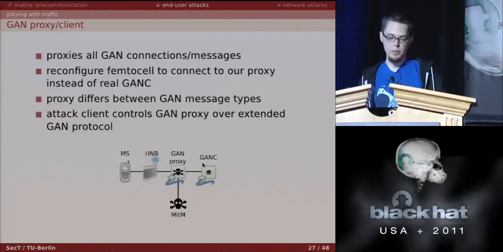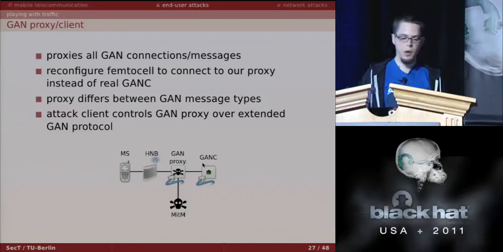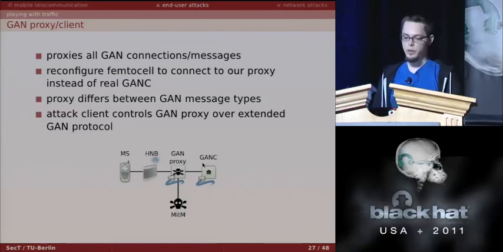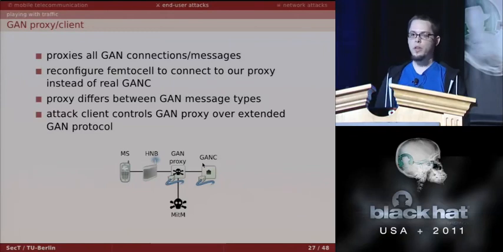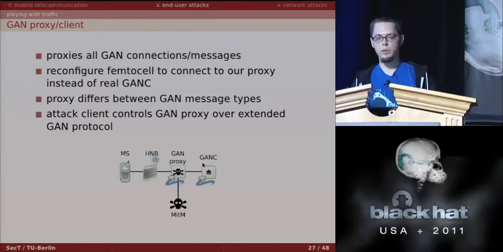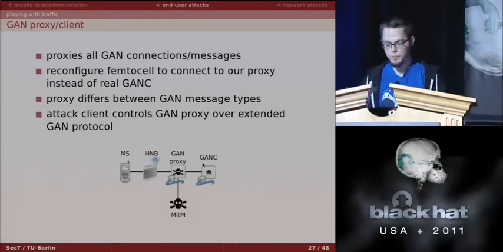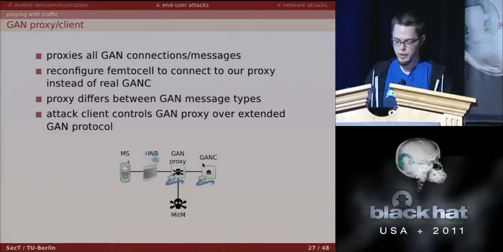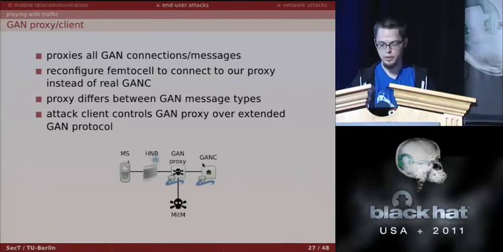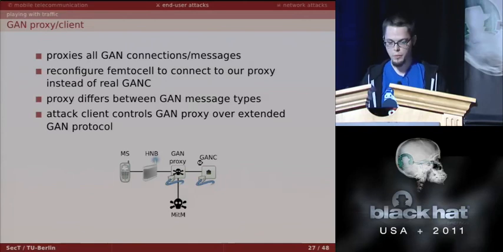Additionally, the proxy is able to differentiate between all the message types, which we need because we also have an attacking client which is talking to the proxy over an extended version of this GAN protocol in order to instruct it to perform certain attacks with the help of the proxy. So the proxy and this client are communicating and implementing various attacks that we show now.